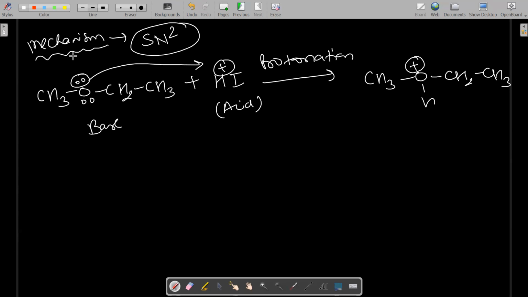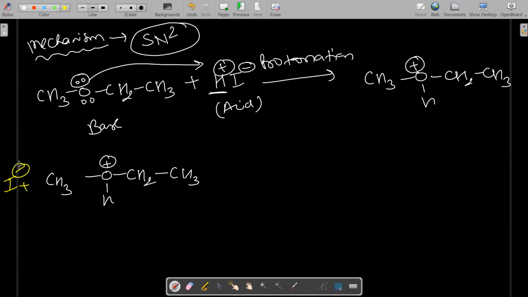And now this protonated ether shows the SN2 mechanism. All of you know what the SN2 mechanism is. The H role has been completed, and what is left is I minus. Now this I minus, which acts as a nucleophile, will attack the lesser carbon side.